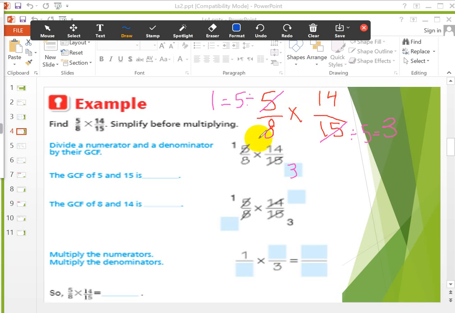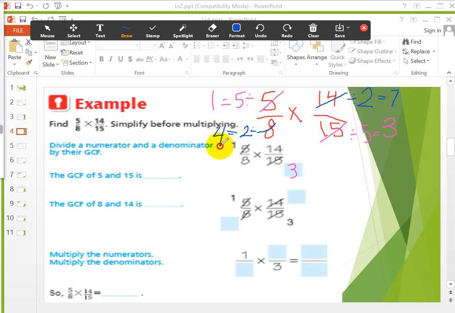Both numbers are able to divide on 2. Excellent, girls. Both 14 and 8 are able to divide on 2. So I can divide 14 and 8 on 2. So if you divide 14 on 2, the answer will be 7. And if you divide 8 on 2, the answer will be 4.